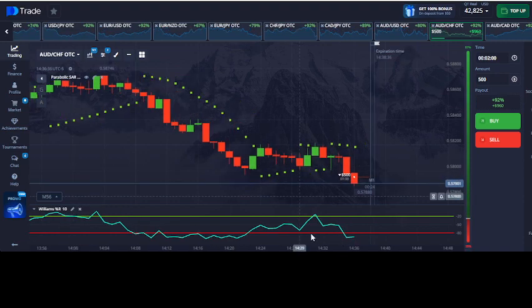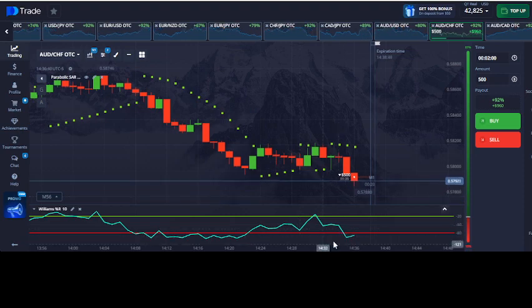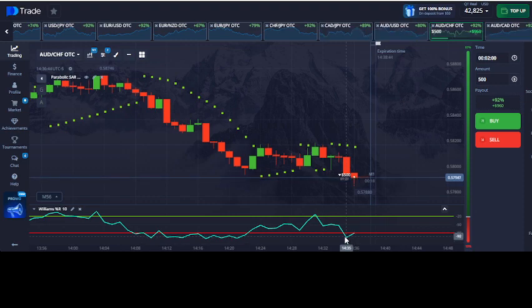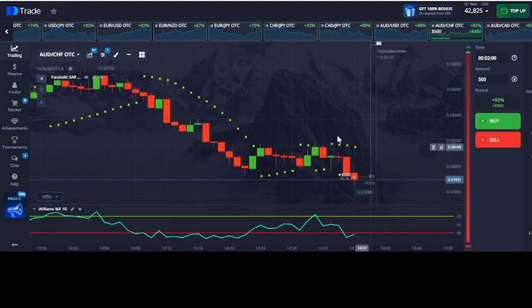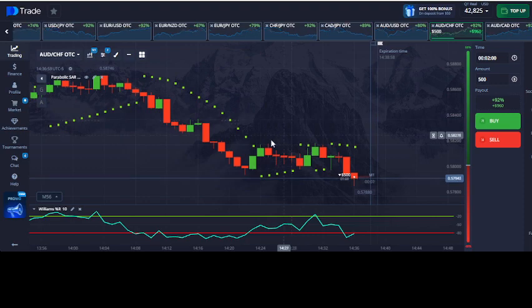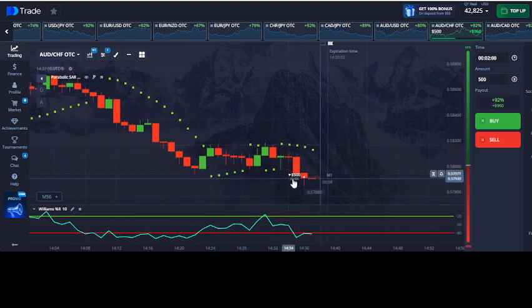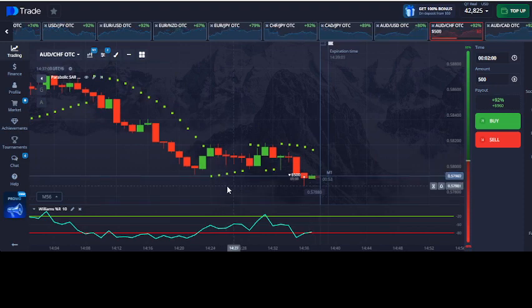Secondly, the Williams percent R line has crossed below the red 80 line in a downward direction. And thirdly, the parabolic SAR dots have begun to print above the candles here. Now, all those three confirmations suggest that there's going to be a continued bearish trend to the downside in the price of the currency here.